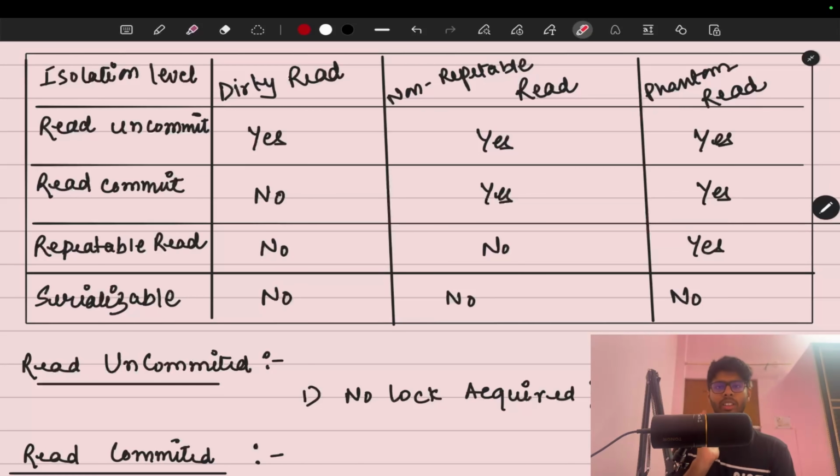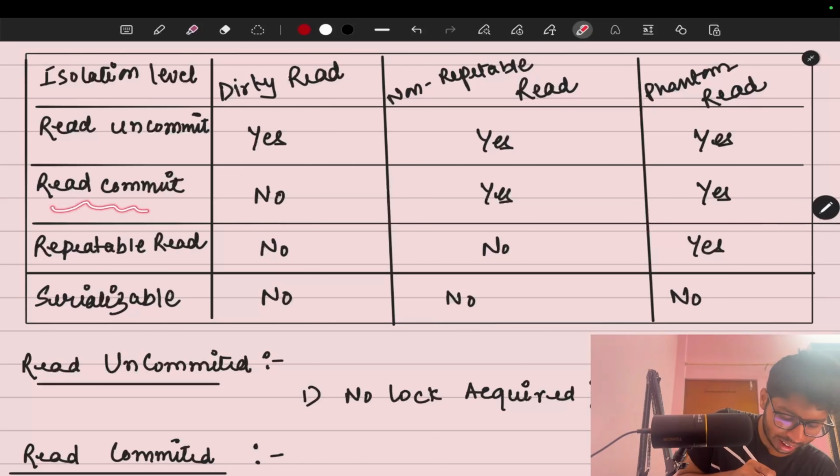All the three examples that I told you are the examples of read uncommitted. So if someone asks you in an interview, you can just tell them that all the examples I told you in my previous video are examples of read uncommitted only, because we are not taking any locks, and in the previous video I didn't make you understand anything related to locks.